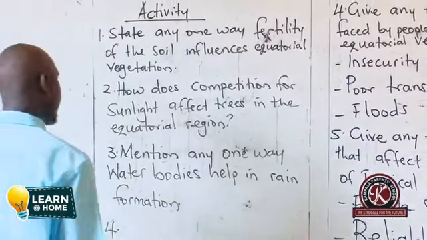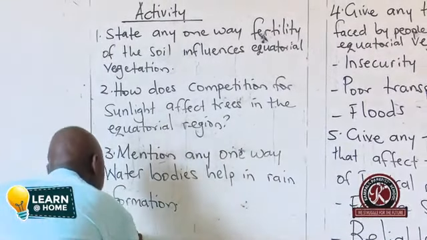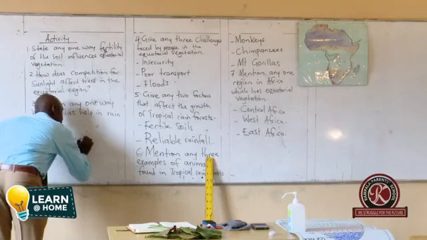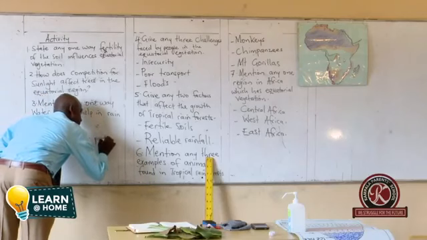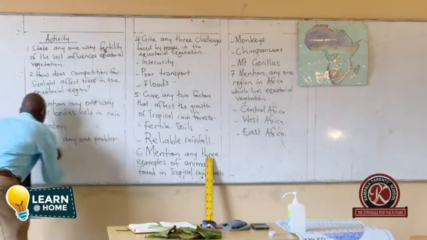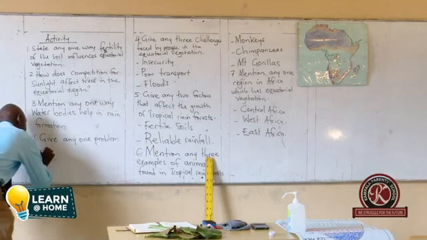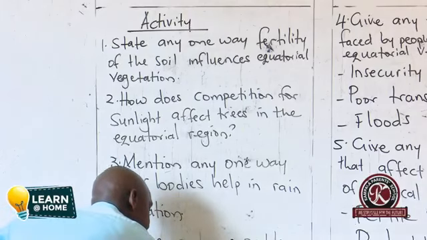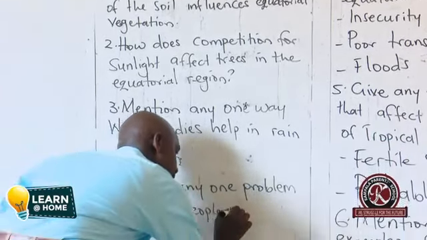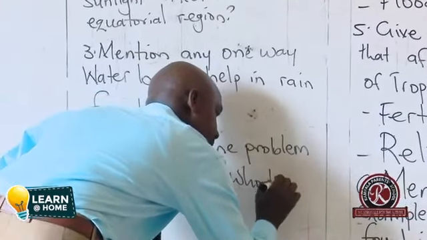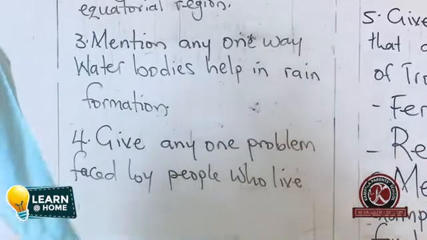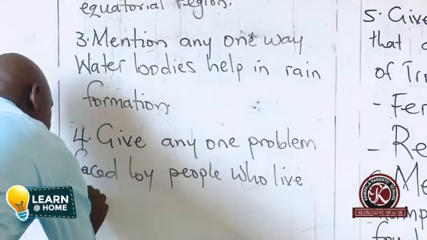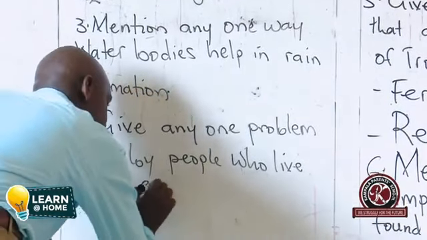Number four, give any one problem faced by people who live in the equatorial region.